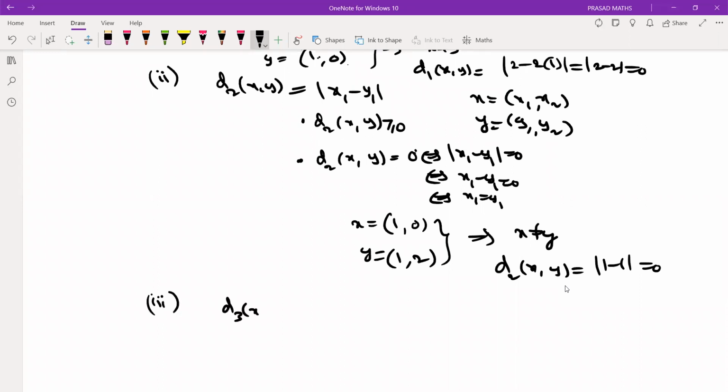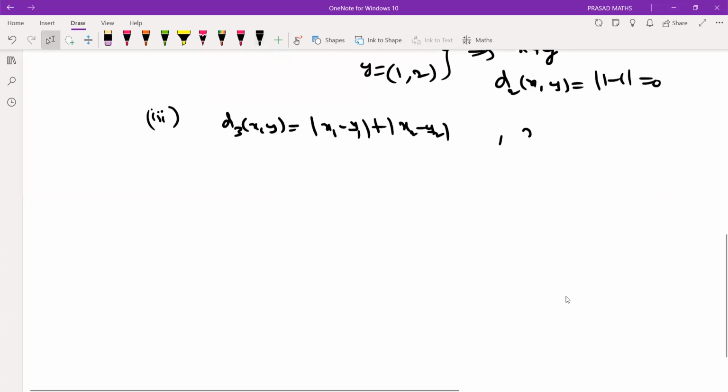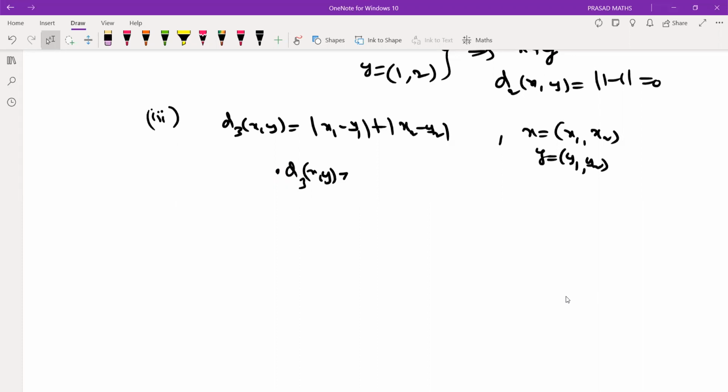Suppose d3(x, y) is equal to mod of x1 minus y1 plus mod of x2 minus y2. Is it a metric? Here x is (x1, x2) and y is (y1, y2). Same thing, distance is always non-negative because the modulus is there. And the second condition: this is non-negative and this is non-negative.